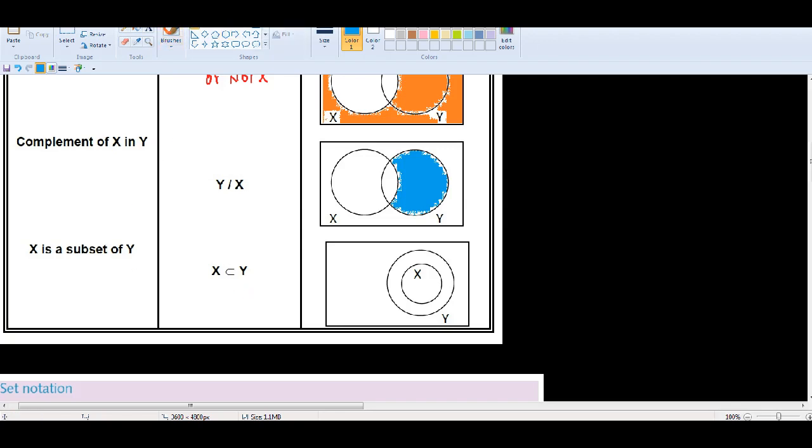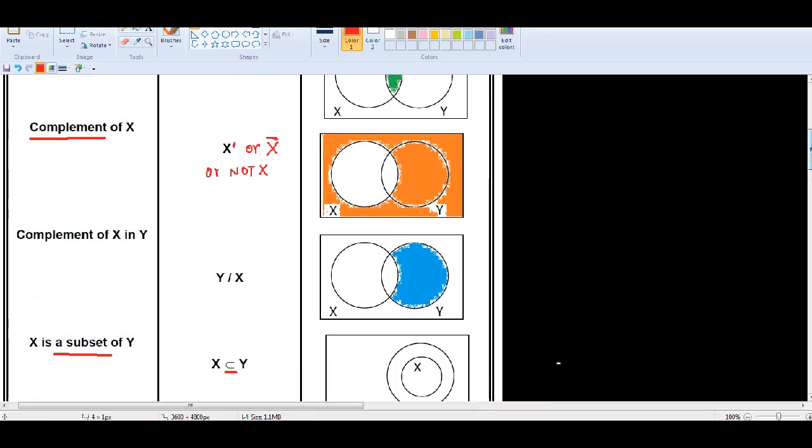Sometimes we say one set is a subset of the other. For example, when X is a subset of Y, it means X is totally within Y. For the symbol, it would be okay if you just write that symbol, or in the book you might add one more bar under that symbol.